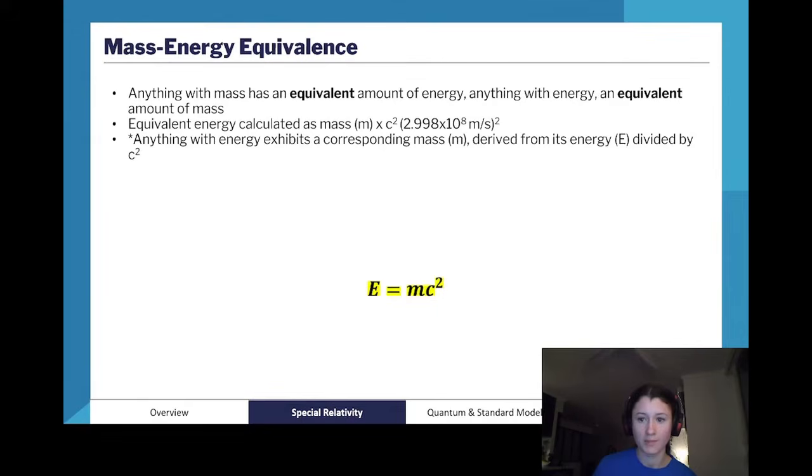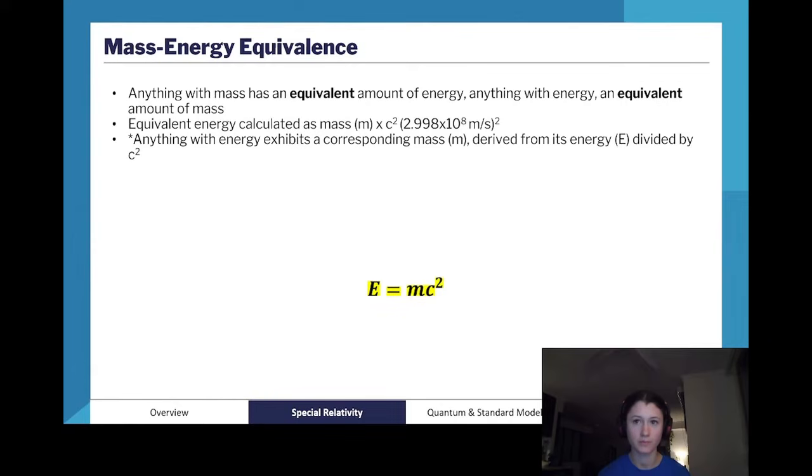Right. Now getting on to mass-energy equivalence. Anything with mass has an equivalent amount of energy, and anything with energy has an equivalent amount of mass.